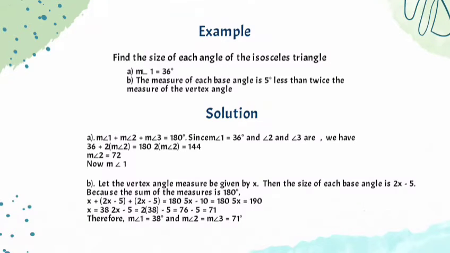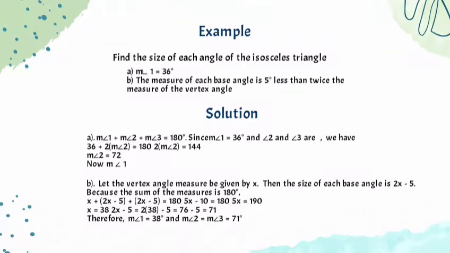Now, I will explain the solution of that example. The first point, A. From the triangle we know that the measure of angle 1 plus the measure of angle 2 plus the measure of angle 3 equals 180 degrees.